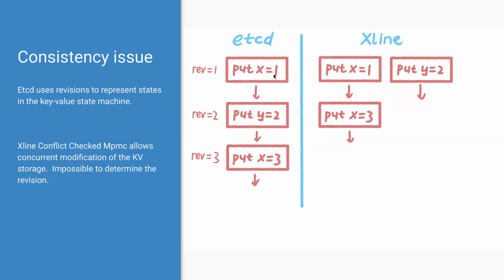Also, next, I will talk about the consistency issue we found in the Jepsen test. One of the key objectives of Xline is to maintain compatibility with etcd. And etcd employs revisions to signify the key-value storage as a state machine.